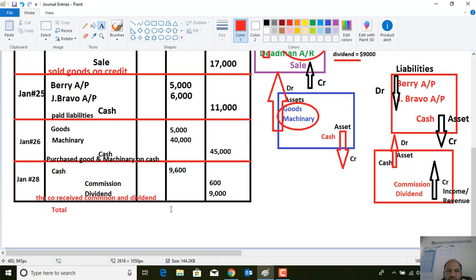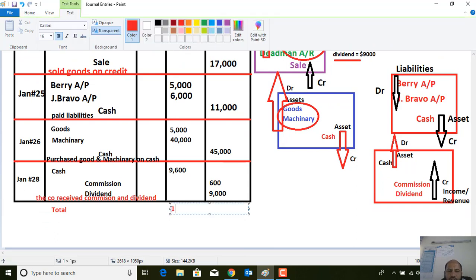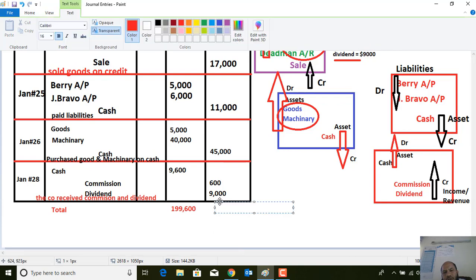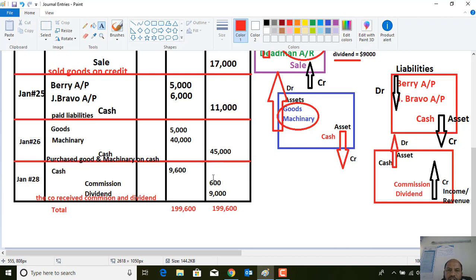So this is $1,99,600, and at the same time we should have $1,99,600 on the other side. This is the total for all these transactions.